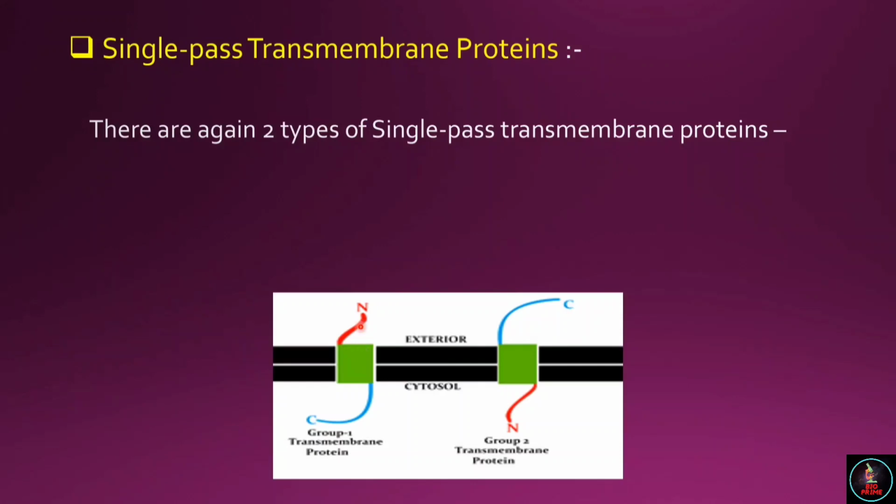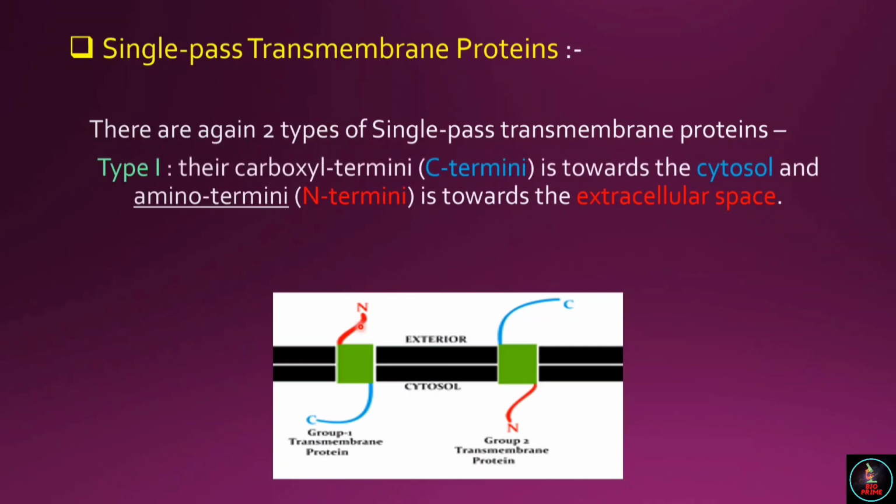Now there are again two types of single pass transmembrane protein. First, type 1: the carboxyl terminus, the C terminus, is towards the cytosol portion, meaning the COOH group is present here. The second is the amino terminus, also called the N terminus, where the NH2 group is attached, towards the extracellular space.